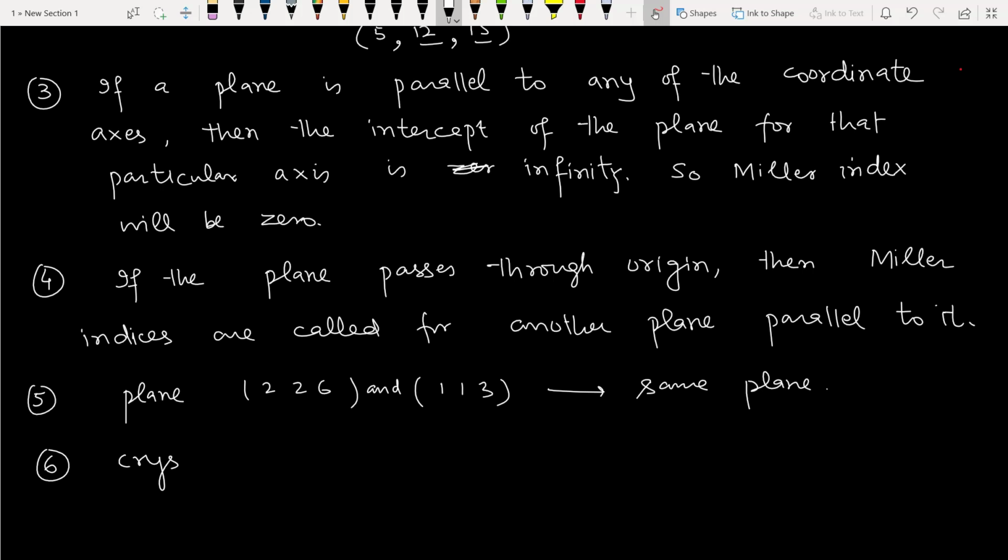Next, crystal directions of a family <hkl> need not be parallel to each other.